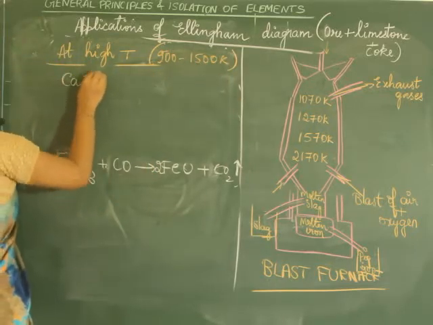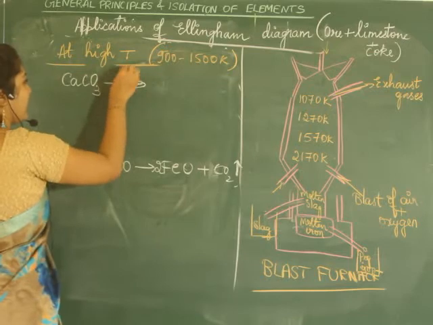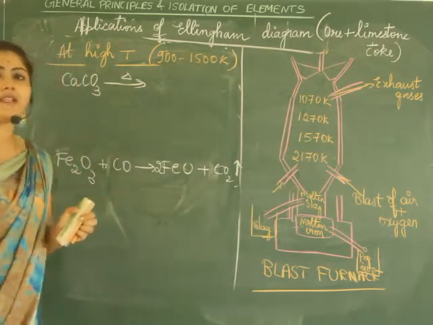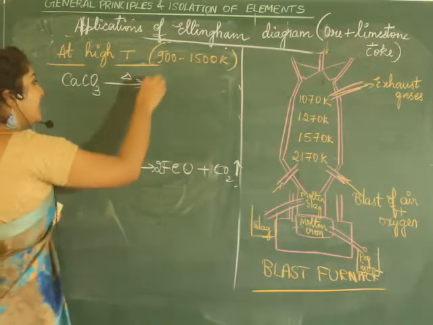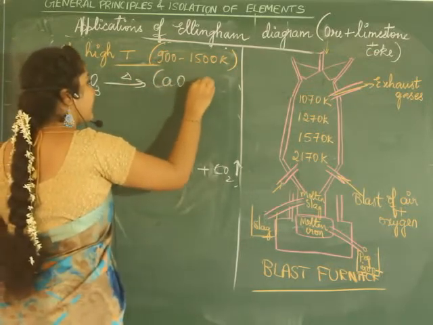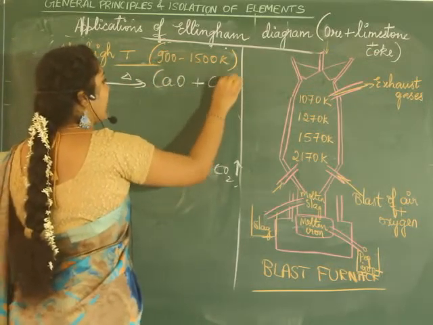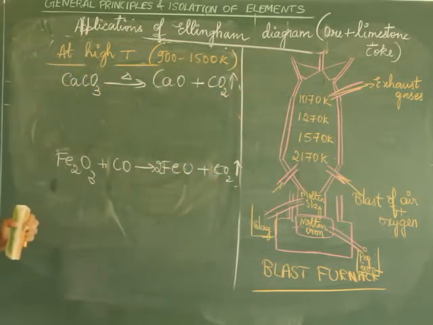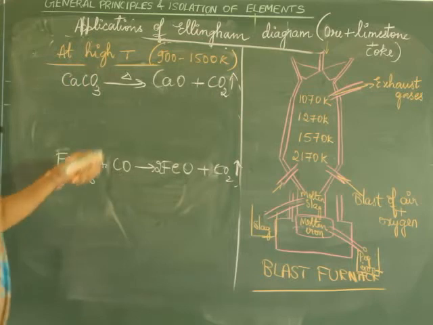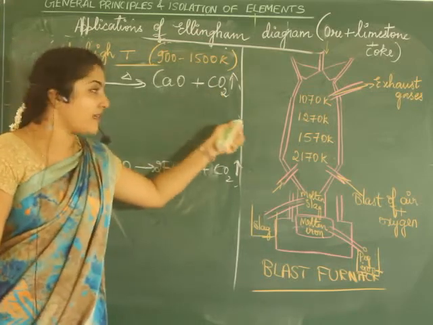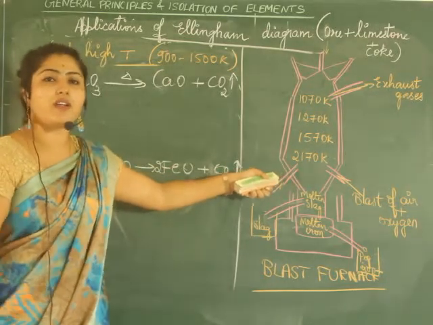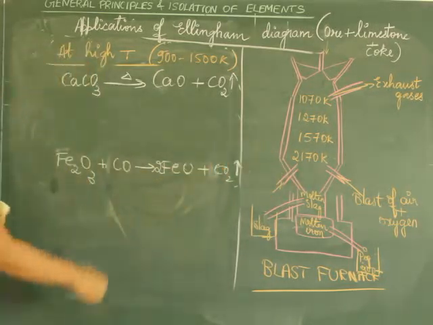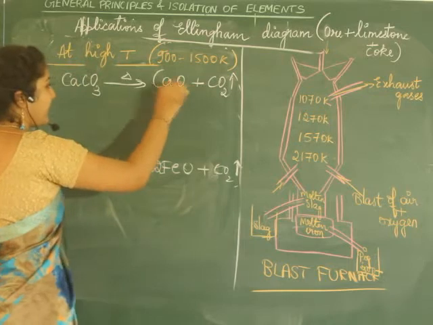Limestone is calcium carbonate. On heating, it decomposes, that is the bond breaks, and forms calcium oxide by liberating carbon dioxide. In different processes, you can see carbon dioxide being evolved. Why is that used? That increases the temperature in the blast furnace, which is required for the further reactions to take place. Now we have got calcium oxide, isn't it?